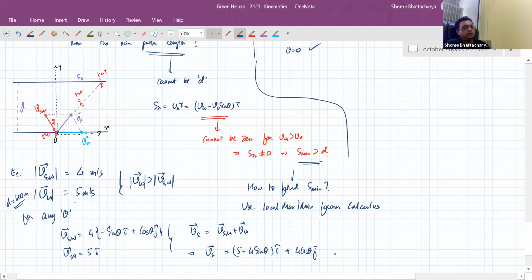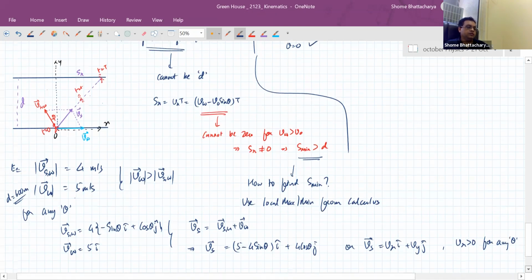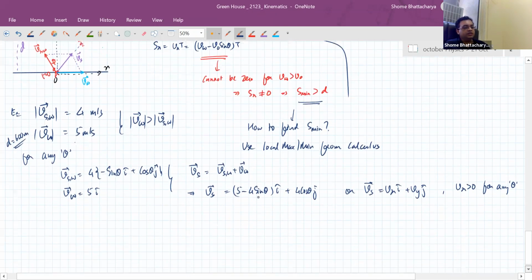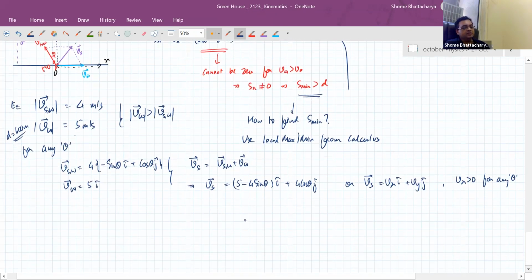Okay. So now you can see from this that Vx will be greater than 0 for any theta. So now how do we calculate the minimum of the displacement? Okay. So now from here, the concept that we use is his net displacement is his net velocity into time.